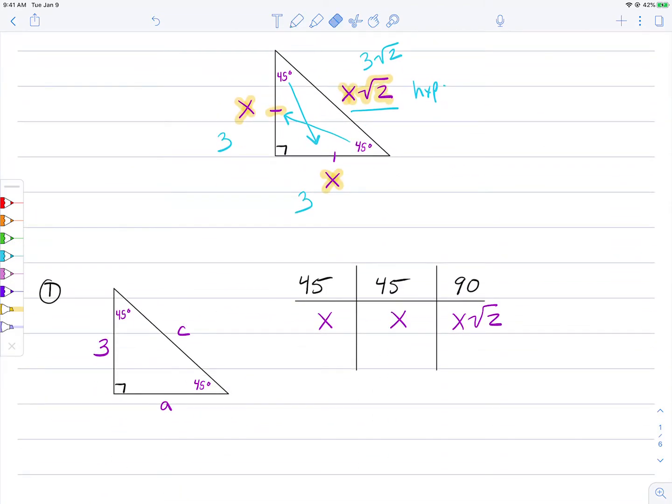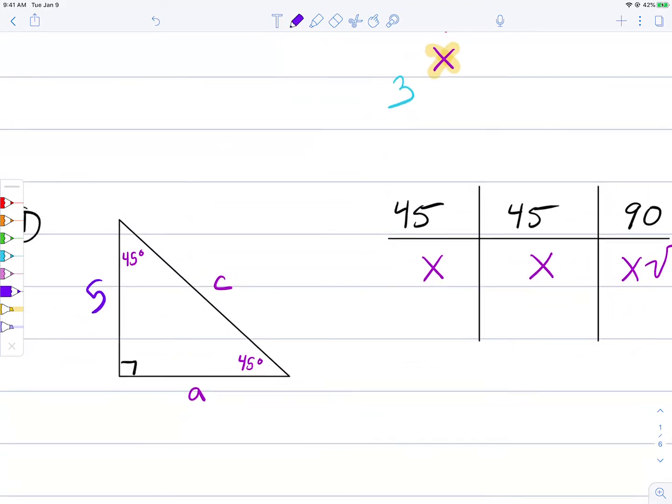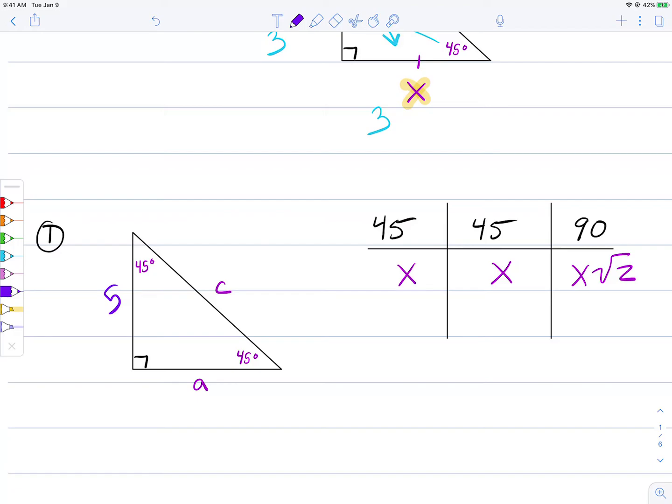Let's say that one of our side lengths was a 5. If we look at our lovely triangle, I want you to organize some of your work in a chart like this. It's especially going to come in handy when we have to deal with our square root. Across from this 45 degree angle is a 5, so on my chart, I'm going to say across from the 45 degree angle is a 5.